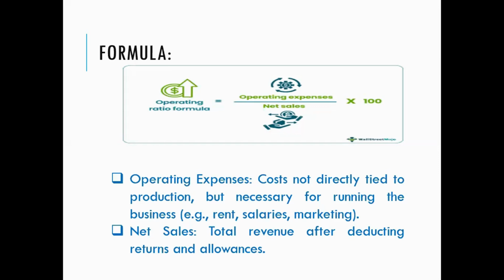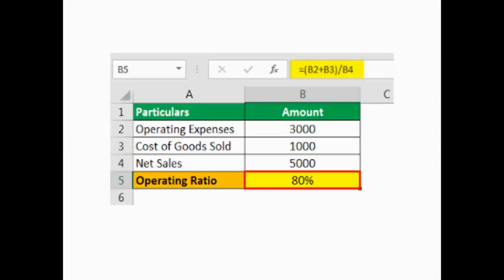Net sales is equal to total revenue after deducting returns and allowances. Here operating expenses is 3,000, cost of goods sold is 1,000 and net sales is 5,000. So operating ratio is 80%.